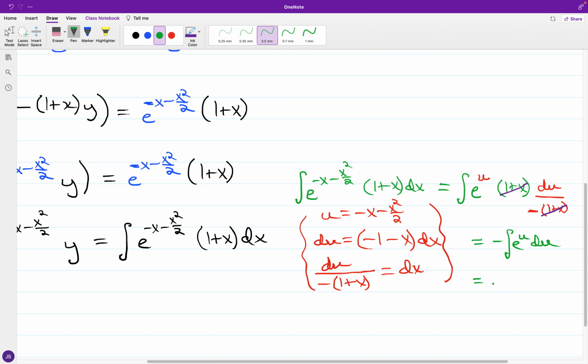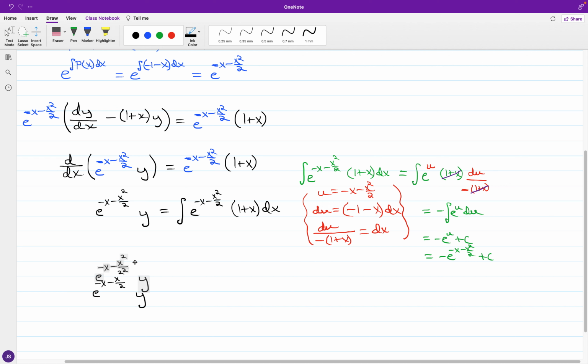And following through, you have the negative of e to the u followed by the constant, and with the back substitution, we have negative e raised to the negative x minus 1/2 of x squared followed by the constant. And for what we have on the right hand side, again we have negative e to the negative x minus 1/2 of x squared followed by the constant.